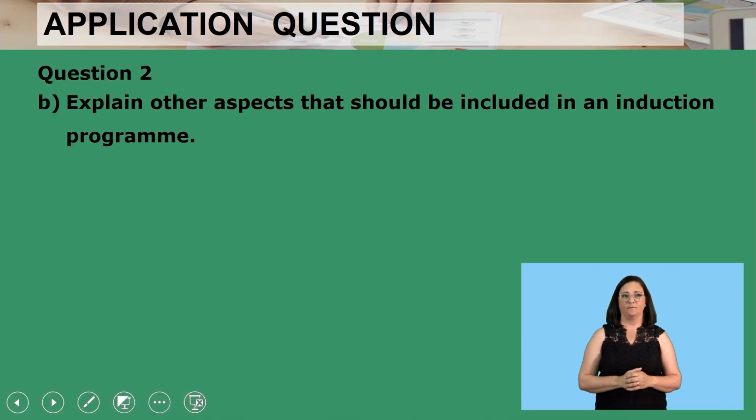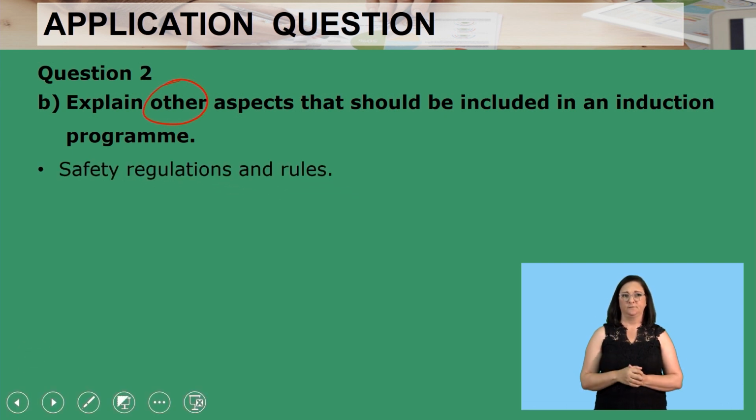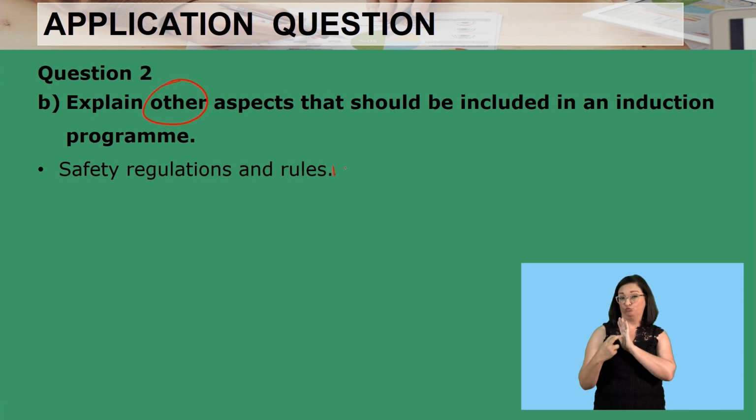We're moving on now to the second question. It says, explain other aspects that should be included in an induction program. Remember, other means other than the ones we've mentioned above. So explain other ones. There are safety regulations and rules, very important, so that you know what should happen in cases of emergency, or if we're supposed to wear helmets, safety boots or masks. That should be included in the induction program.